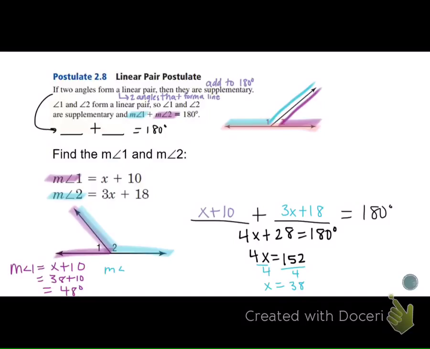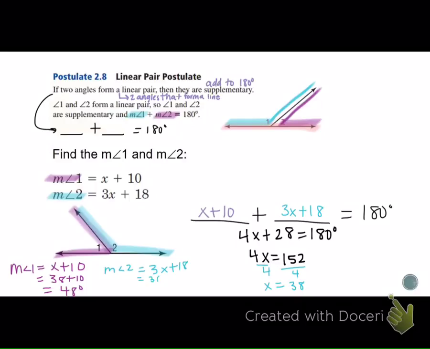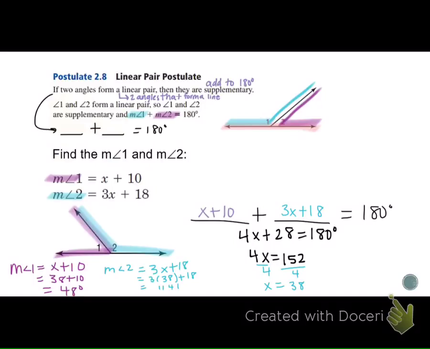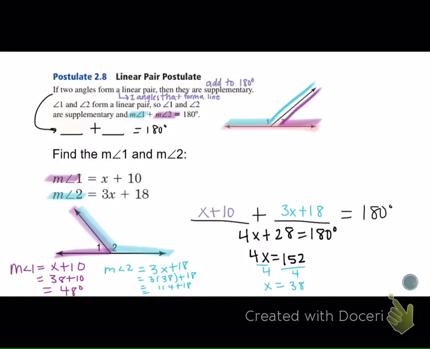And the measure of angle 2 is 3x plus 18. So that's 3 times 38 plus 18. So that's 132. Does that make sense?